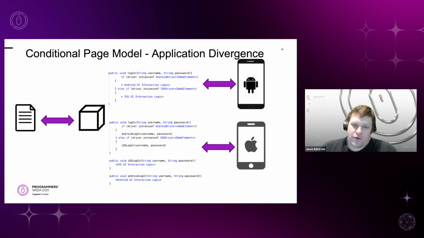For application divergence, this is along the same lines that we were talking about with the selector. With the selector, we're doing the conditional on the Android and iOS driver. With the app divergence piece, it's more or less the same thing. We can have our generic login method, but we also then have the Android and iOS methods.